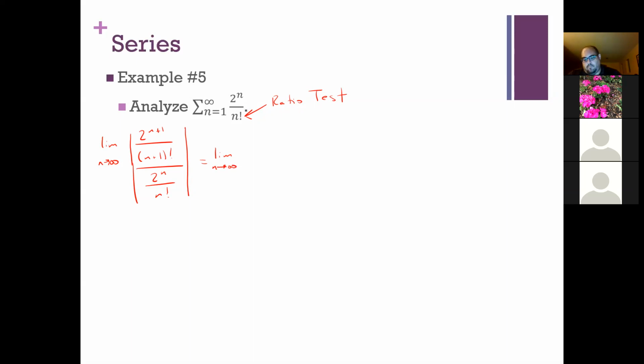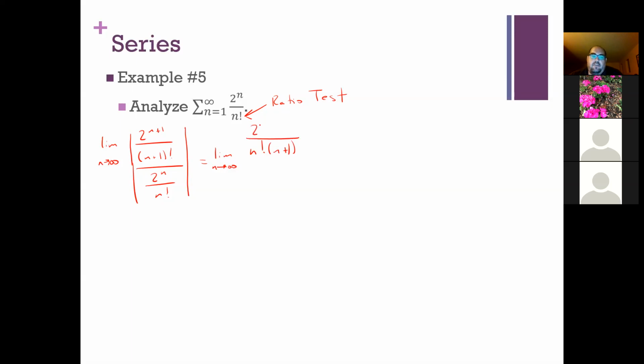You could pull n factorial out of the denominator of both, or out of the top one. Yep. So now that will become n factorial times n plus 1.